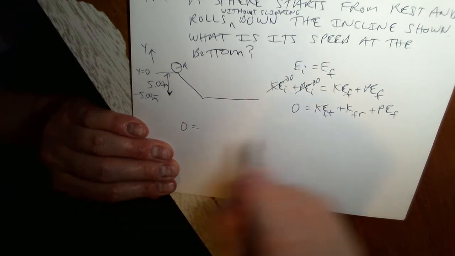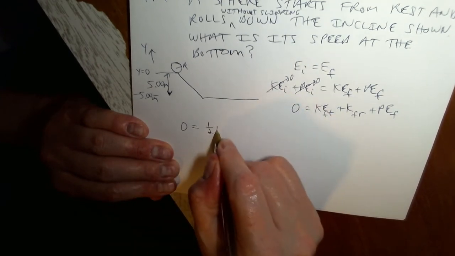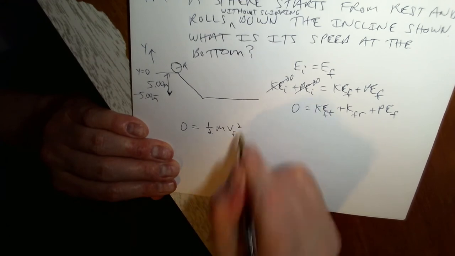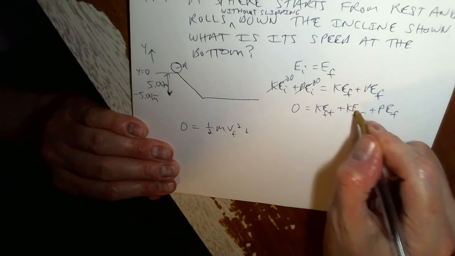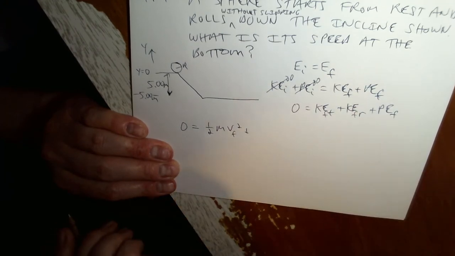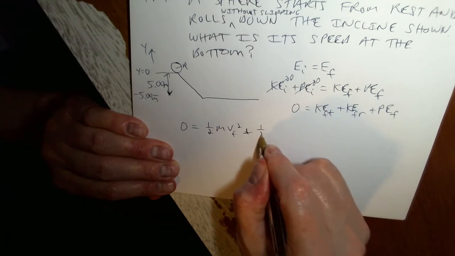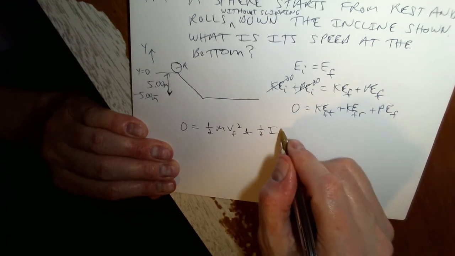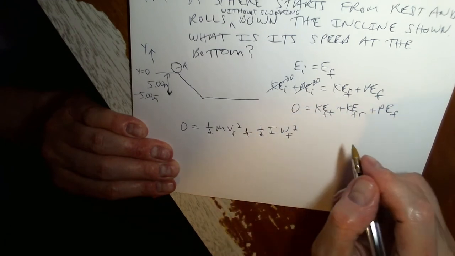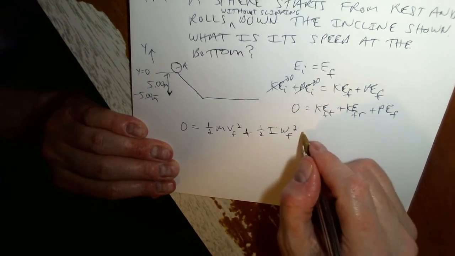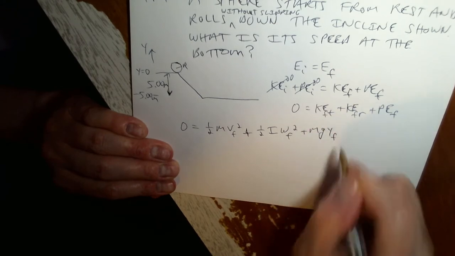So 0 is kinetic final of translation, which is 1/2 mv final squared, plus the final kinetic energy of rotation, which is 1/2 I omega final squared. And potential energy is mgy final, the final potential energy.